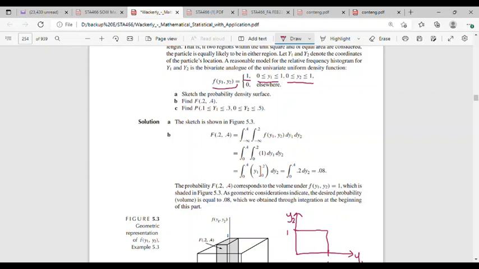I take part C here: find the probability when Y1 is from 0.1 until 0.3 and Y2 is from 0 until 0.5. If you look at this interval, it is located within the interval of Y1 and Y2, so we can find this probability.